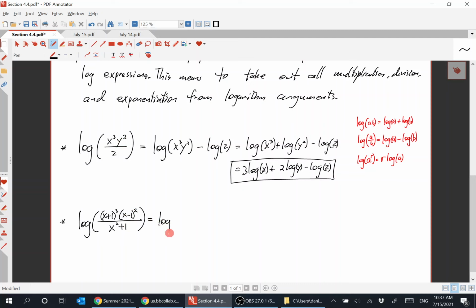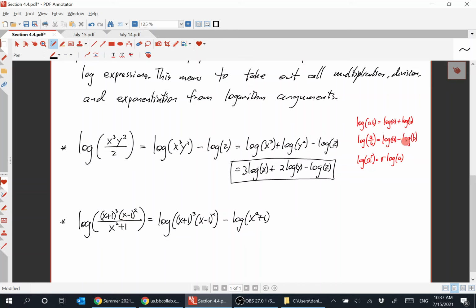So if you were to do this expansion, first I would use that division identity. Log of a over b is log of a minus log of b. Right, so this is log of the numerator minus log of the denominator.